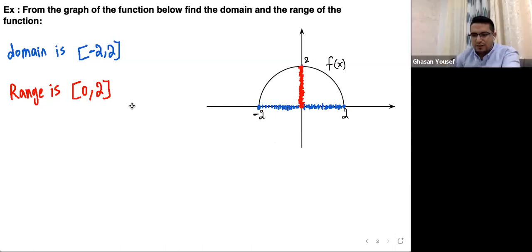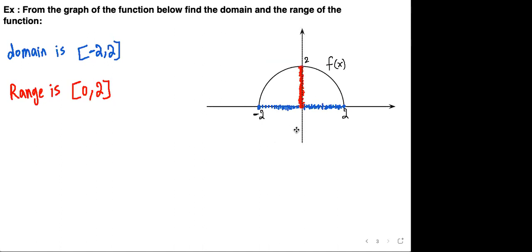Any question? Can you show an example for when it would be open? Yes. Suppose I have the same graph, something like this.